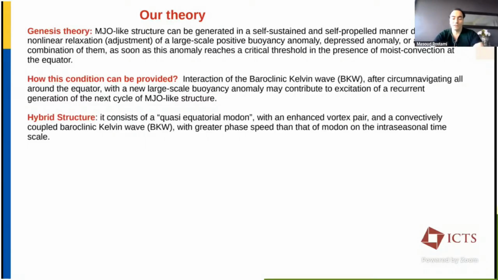So this theory, this explanation, also shows the regenesis or recurrent structure of this system, and we also find out that there might be a quasi-equatorial modon in this system.